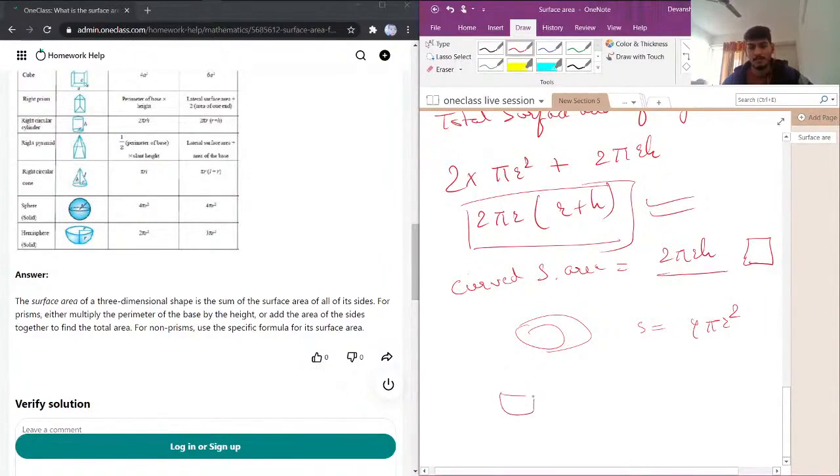For a hemisphere we have a base also, a flat portion. Suppose this is a semicircle. Imagine this as a 3D shape. I'll just draw this.